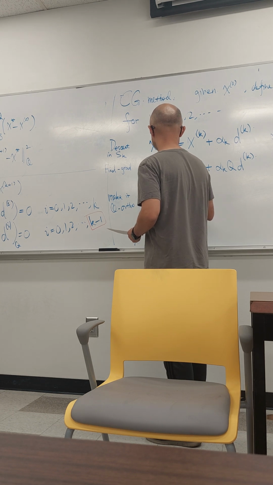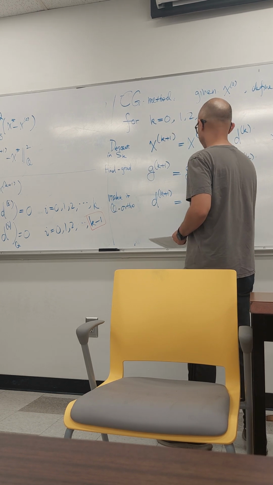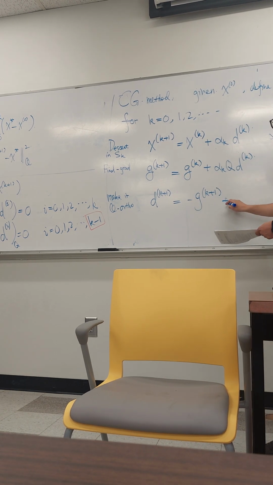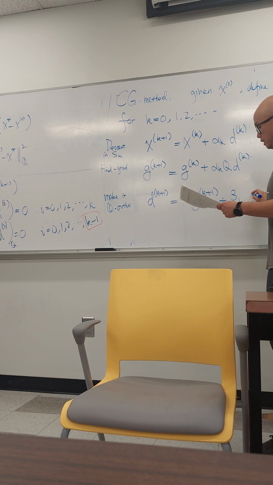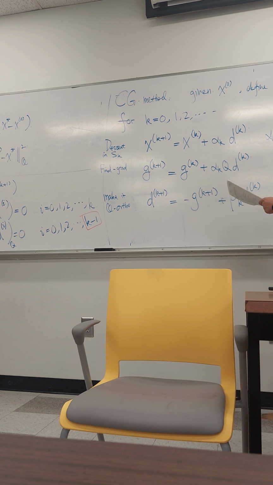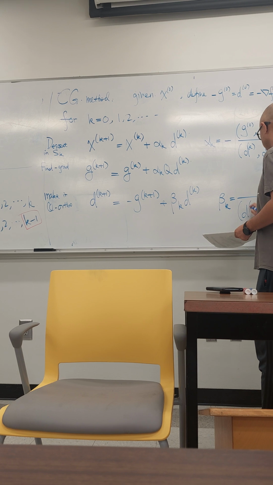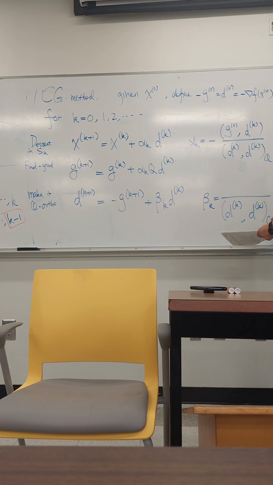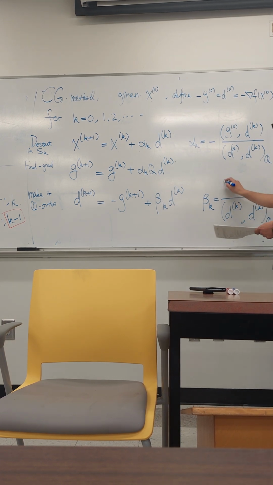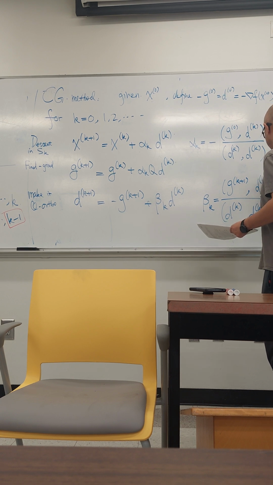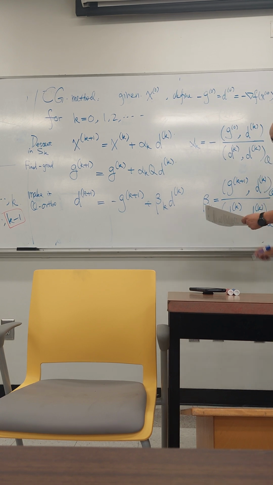That is, d_{k+1} is minus g at the k+1 iteration plus beta_k d_k, where beta_k is computed by g_{k+1} d_k Q-norm over d_k Q-norm.